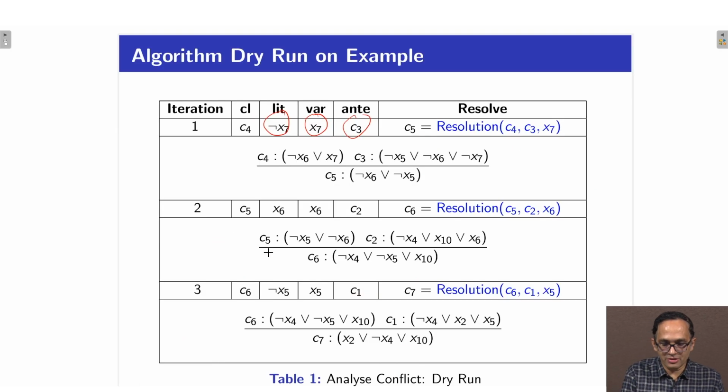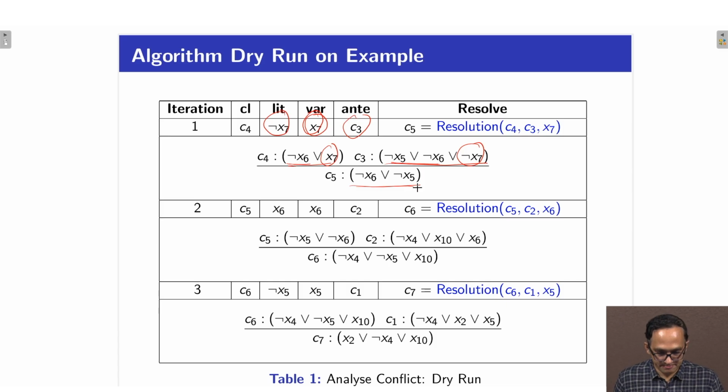What is your C3? This is your C3, this is your C4, and against which variable? This variable. You see here it is x7 here and not x7 here. If I combine, it will combine this part and this part, and not x6 is common. So, I will get this new clause I learned. This is effectively how I do it.